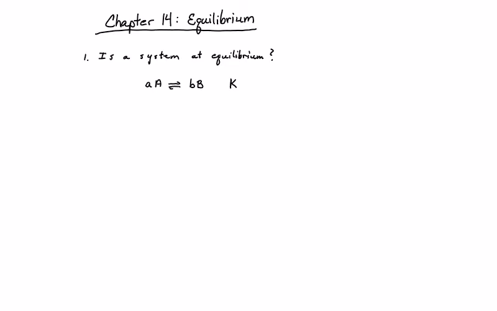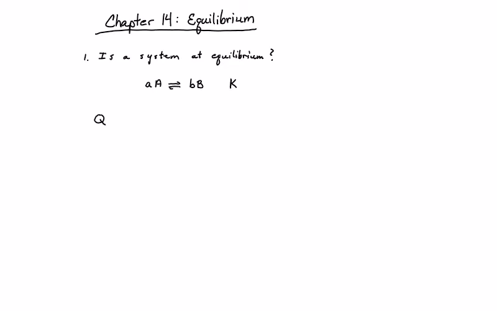Okay, so how do we do this? Well, if we're given a system and we're told what the concentration of each one of the components is, we can calculate what's called the reaction quotient, which is Q. Now here's one of the trickiest things in all of this discussion.